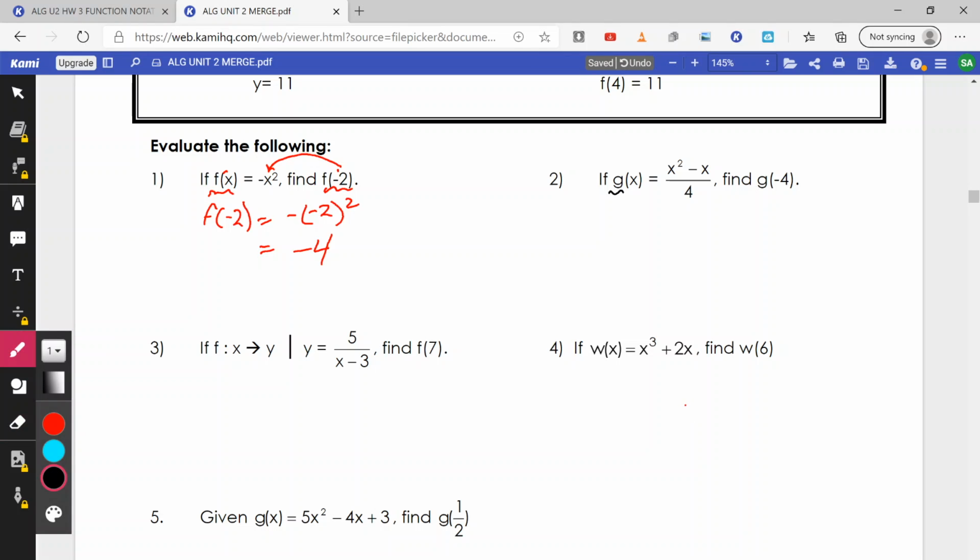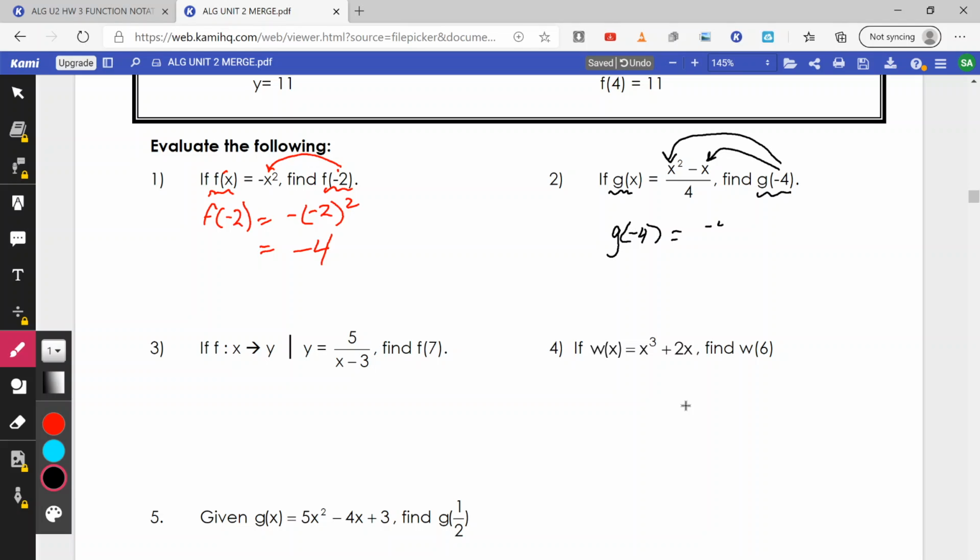So I look at my g of x. I am told to find g of negative 4. So what got replaced? Well, 4 is inside parentheses, x is inside the parentheses. So this tells me all x's get replaced with negative 4. So I have an x here and I have an x here.